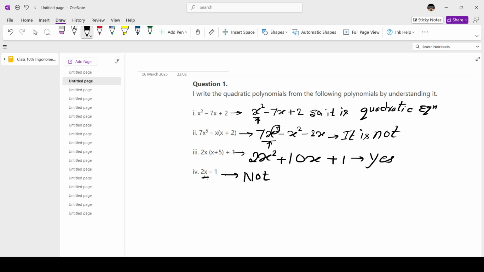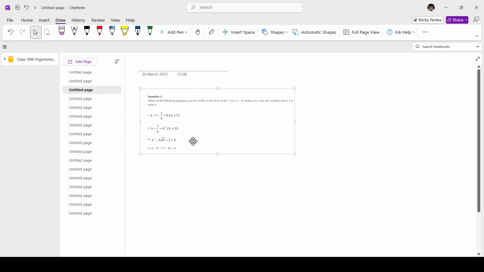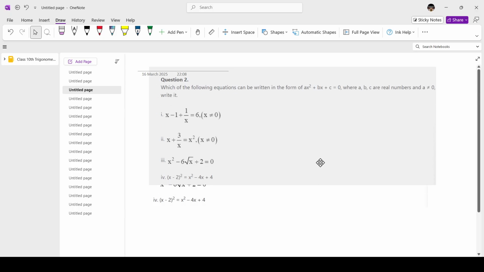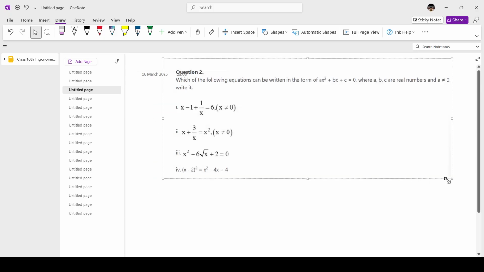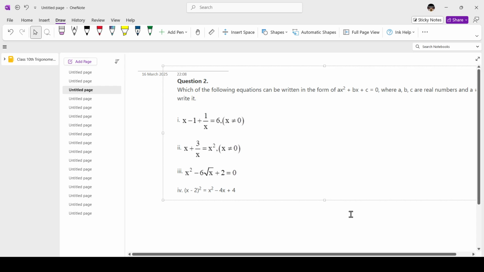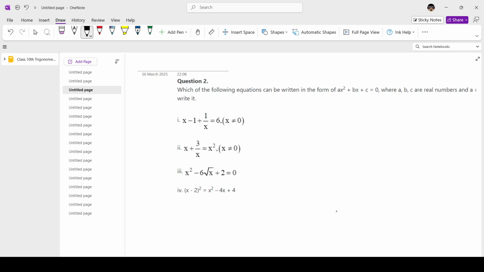Okay. Now let's go to the next problem. Here the question has been given that we have to write all these equations in the form of x squared plus bx plus c equal to 0. So just write it.